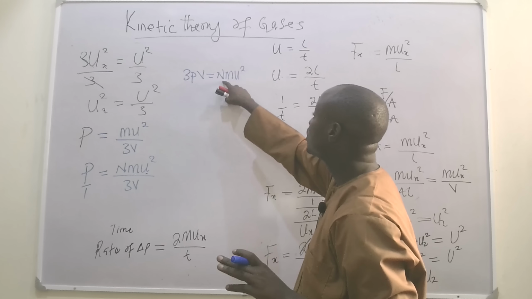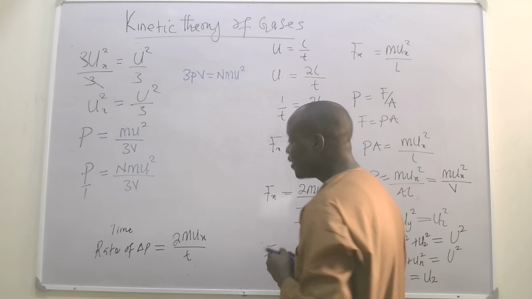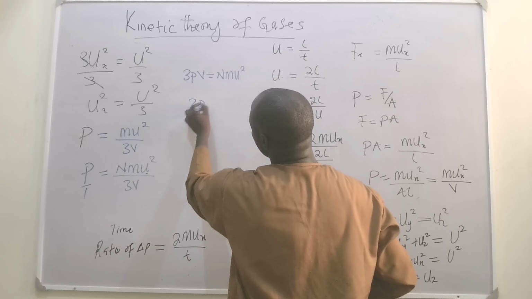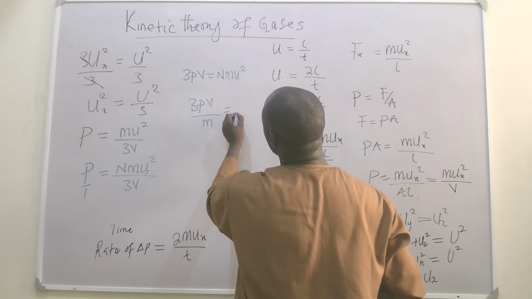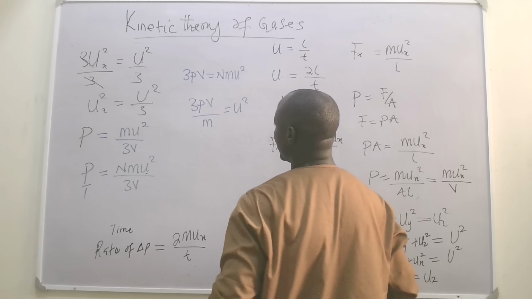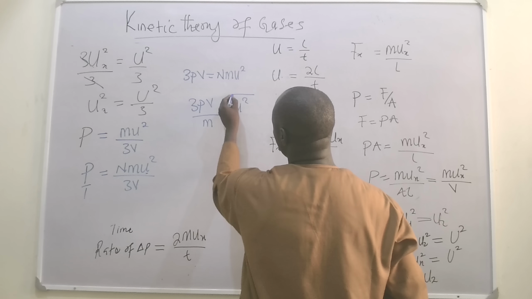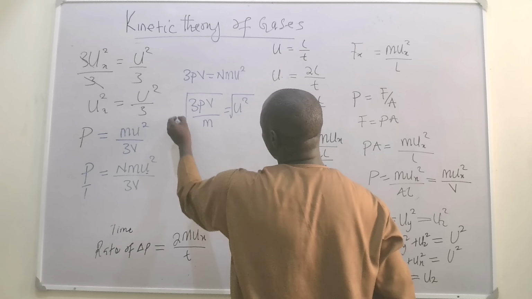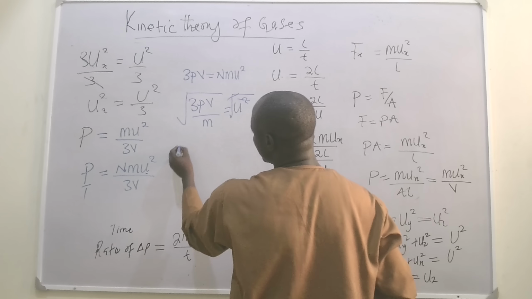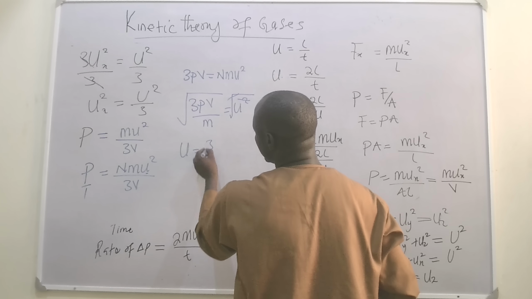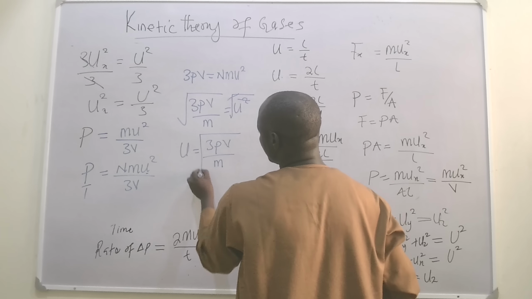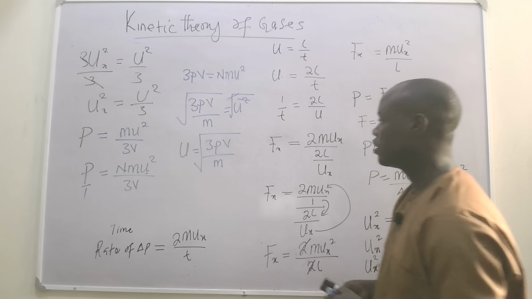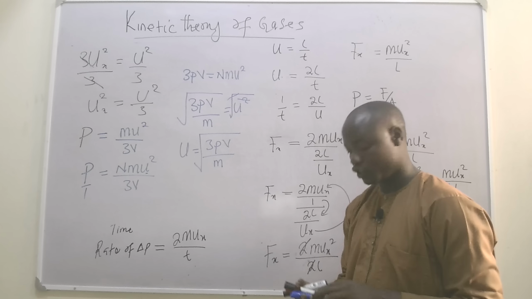So for one molecule, we can remove this N here, and this will give us 3PV all over m is equal to u squared. And of course, you can make u the subject of the formula, so this will now take care of this. So u is equal to the square root of 3PV all over m, and this is called root mean square speed.